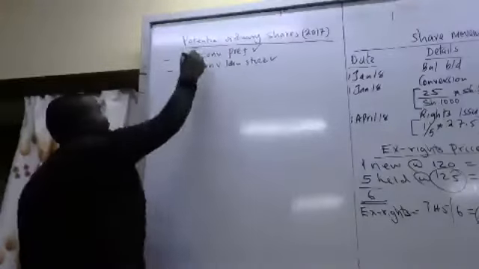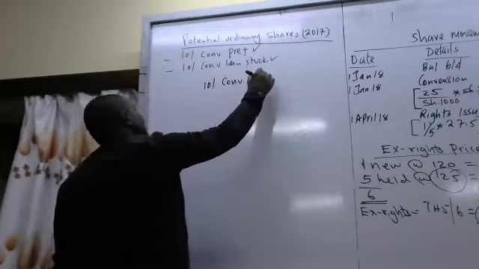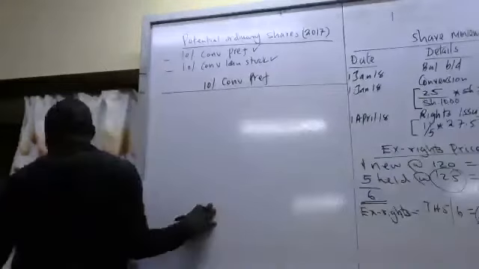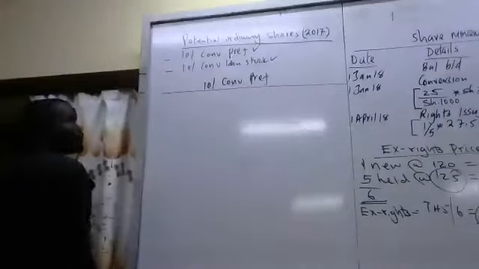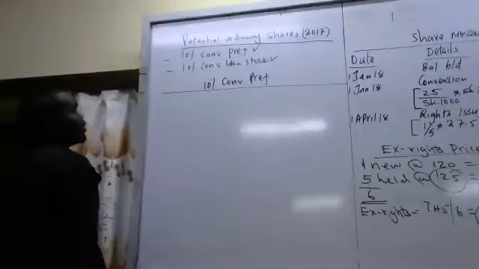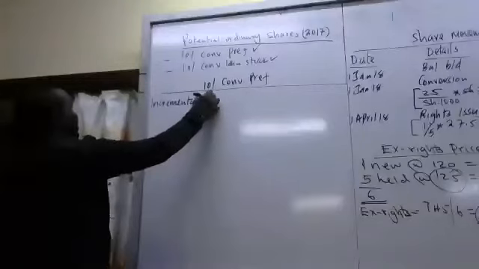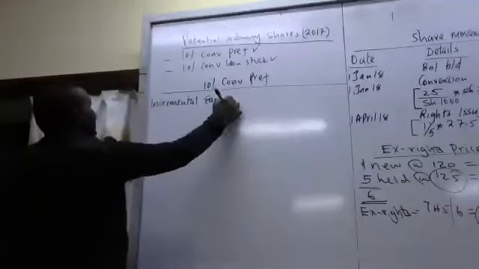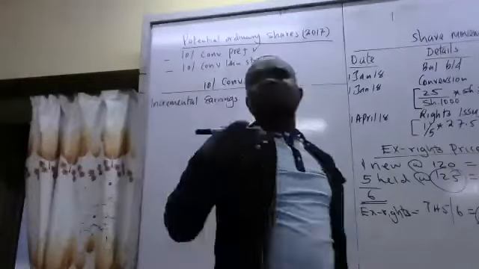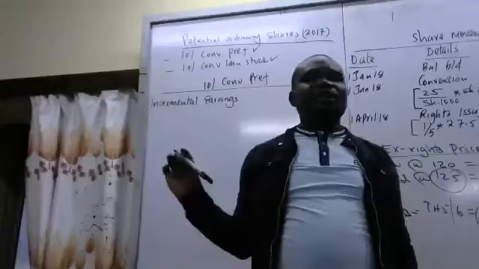So let's start with the 10% convertible preference. You check incremental earnings. Preference shareholders, what do we normally pay them? What is their impact on the company's earnings? They are paid preference dividends.